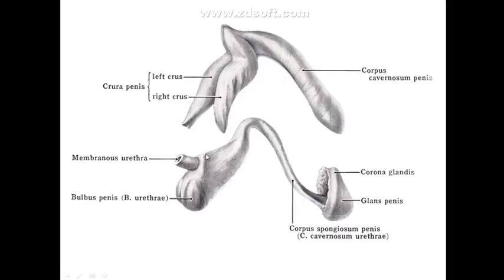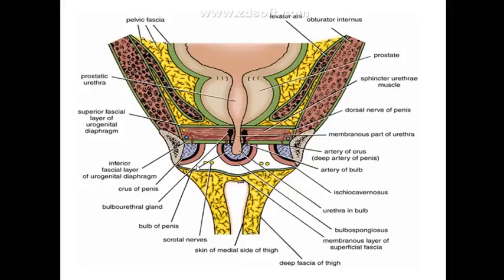You can see that the region of the bulb that is attached to the perineal membrane is perforated by the urethra, and I think this is also clear here that the urethra enters the bulb of the penis, the root of the penis. Actually, the urethra, this is the urinary bladder. After the urinary bladder, there is the prostatic urethra inside the prostate, which is the first part of the urethra.